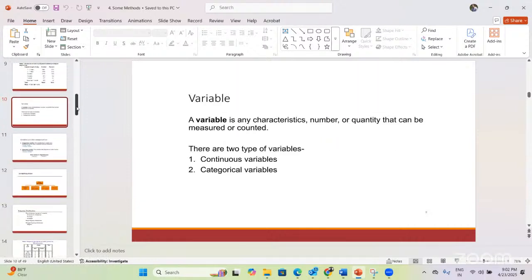So this is the variable. Variable means what our study purpose is, what our outcome is, what our control variable is, what our main predictor is. Suppose the effect of smoking on lung cancer.